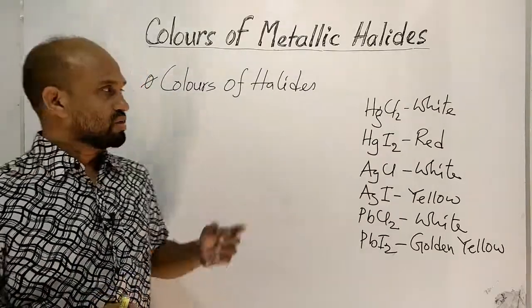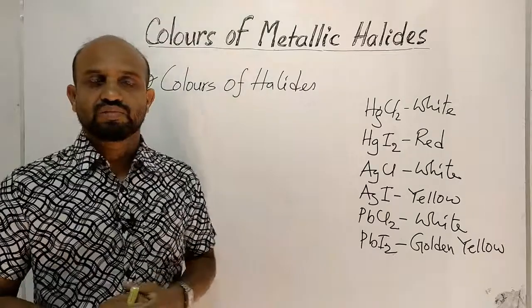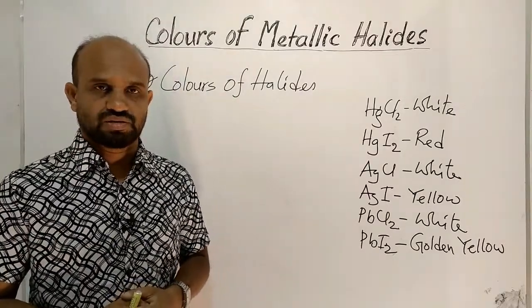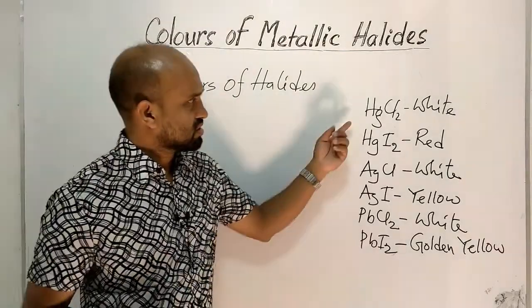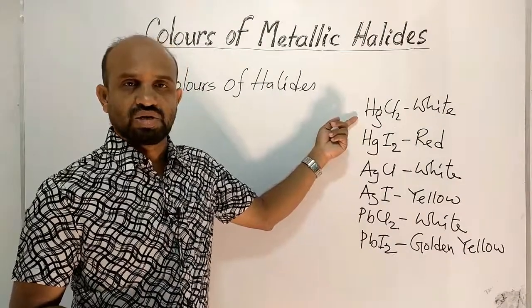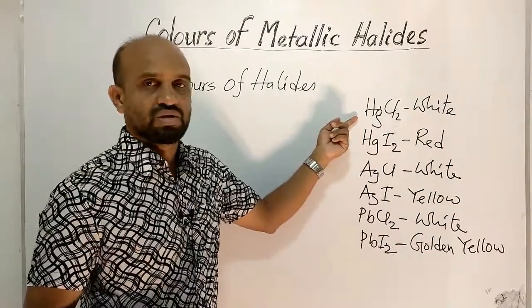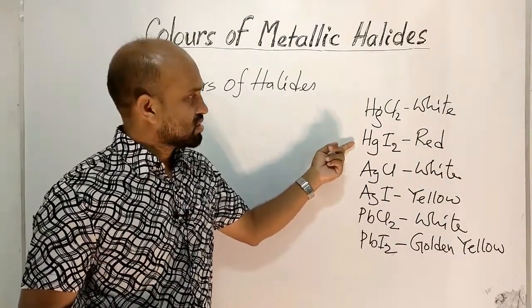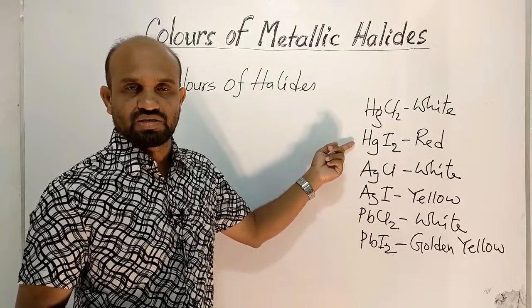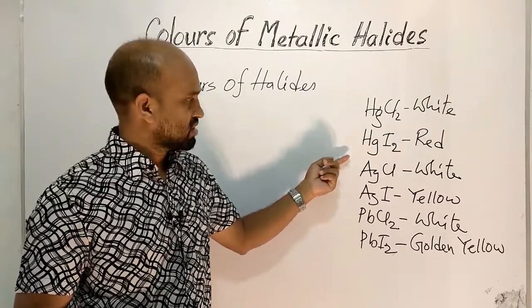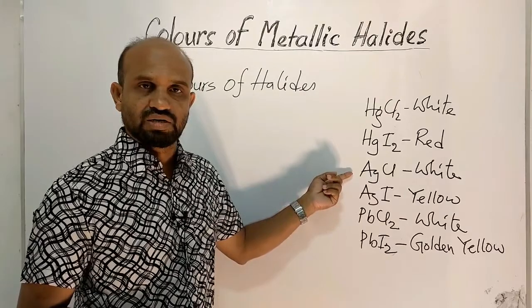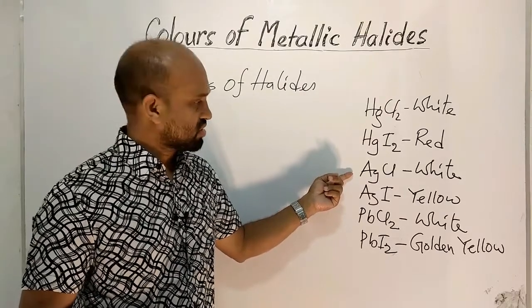Now the point is colors of different metallic halides. Here mercuric chloride is white in color, but mercuric iodide is red in color. Silver chloride is white in color.